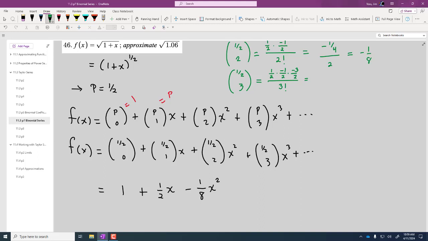Subtract 1 again, we get -3/2. Done. We have 3 factors now: 1, 2, 3 factors. Now we can simplify this, so this is going to be +3/8 divided by 3 factorial, which is 6. So we're going to have 3/8 divided by 6, which means multiply by the reciprocal, the 3 cancels, and we're going to get 1/16.